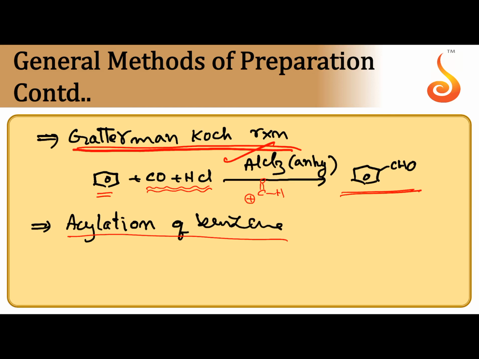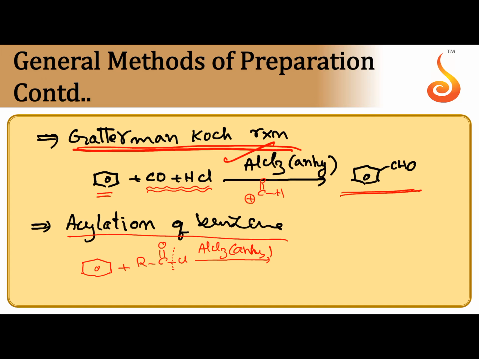Next one, for the preparation of aromatic ketones, Friedel-Crafts acylation. When benzene is reacted with acid chloride like RCOCl in the presence of anhydrous AlCl3, this should be anhydrous AlCl3.